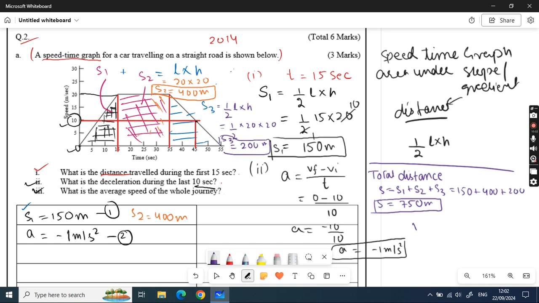The formula for average speed V is equal to distance divided by time. Distance is 750 and the time is 55 seconds. So V is equal to 750 divided by 55. The answer is 13.63 meter per second. This is the average speed of the whole journey.